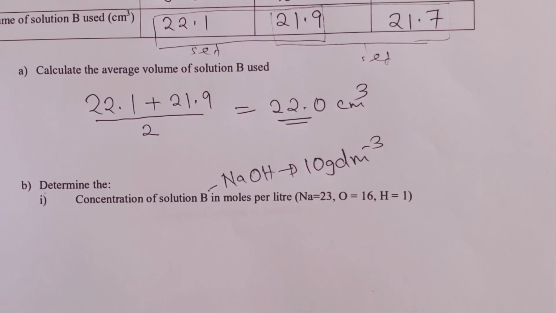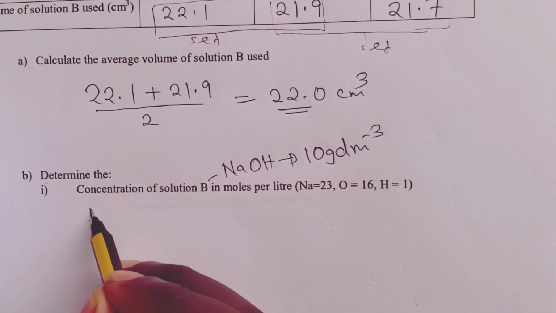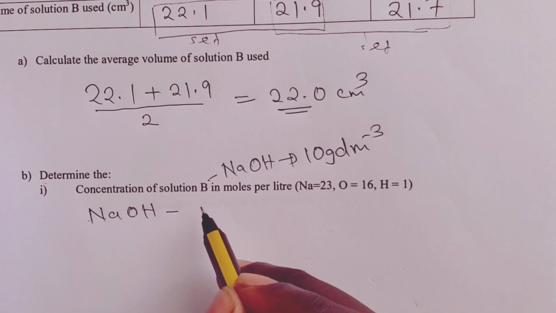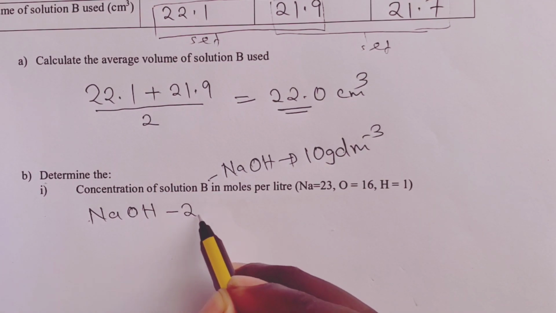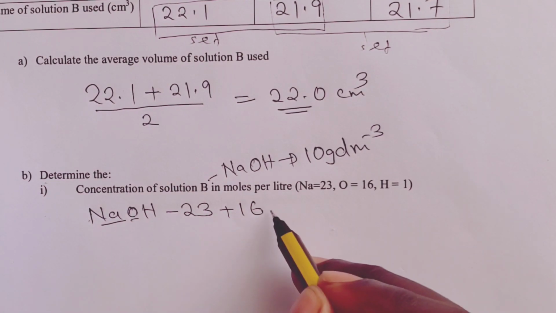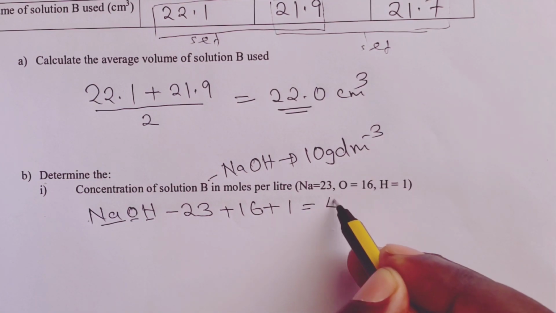So to answer this question, we need to start by calculating the relative formula mass of our alkali. Sodium has been given as 23, oxygen is 16, and hydrogen is 1. That gives RFM of 40.